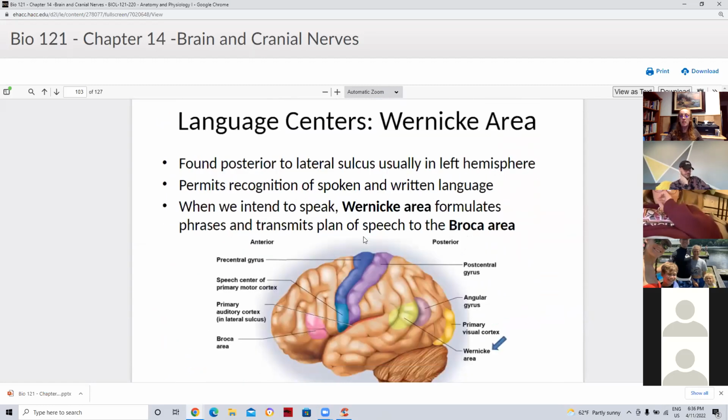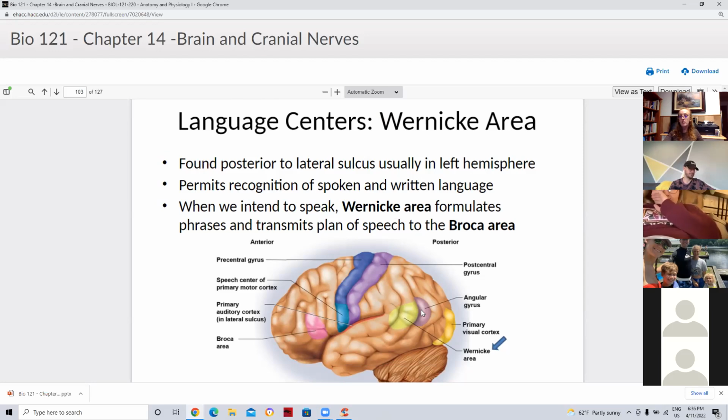So Wernicke's area, found posterior to the lateral sulcus, usually within the left hemisphere, permits the recognition of spoken and written language.